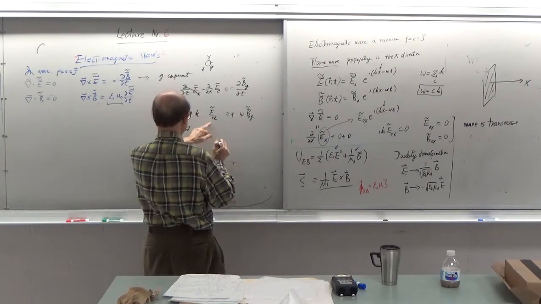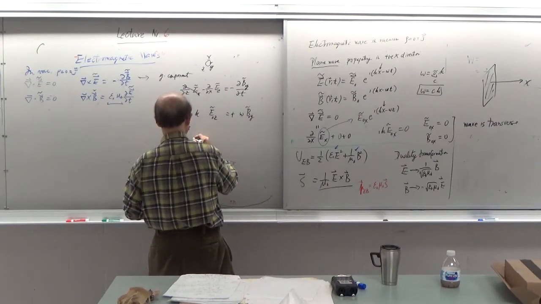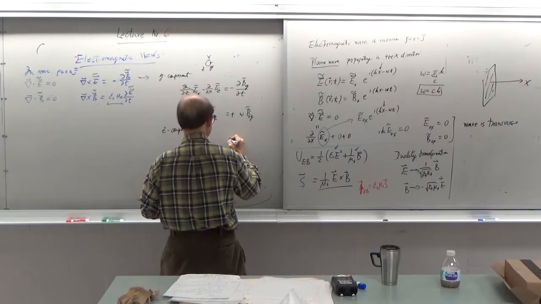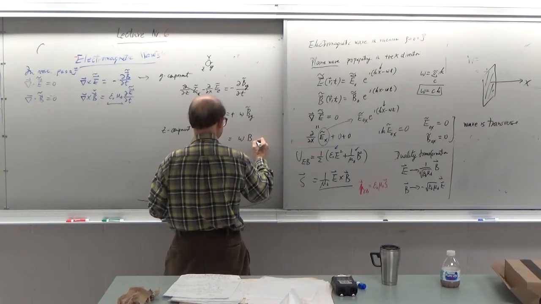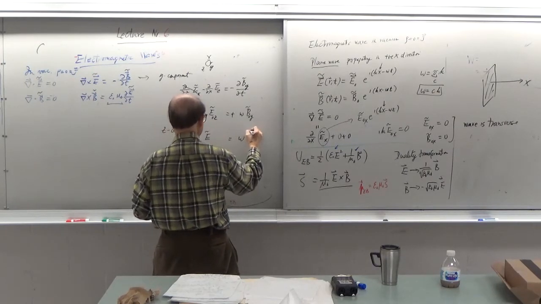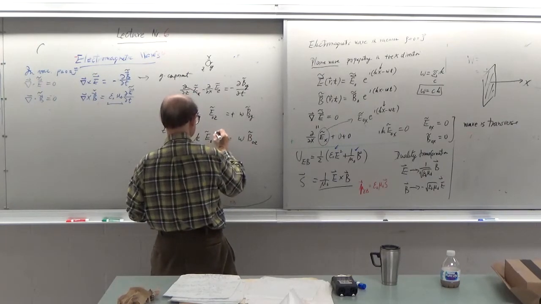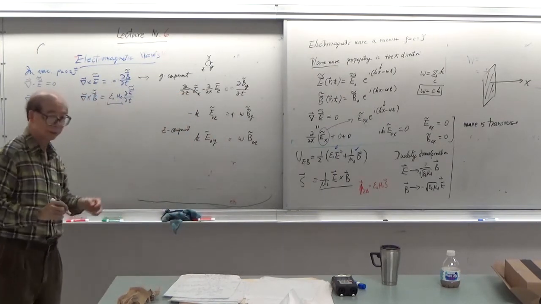So this equation will go into, let's see, omega times B y goes into B z goes into minus B z, minus plus k E naught y. Okay, and check it. Okay, that's what you get.